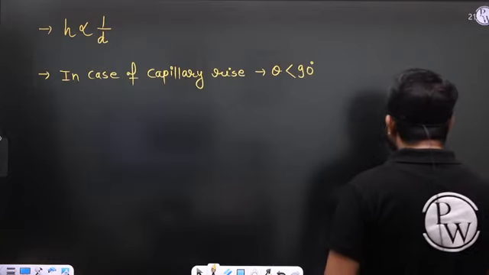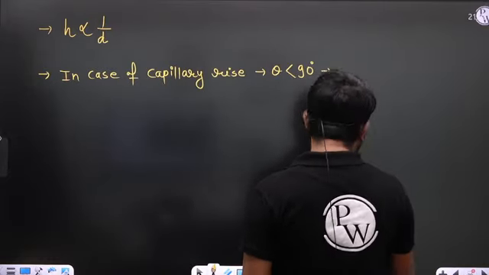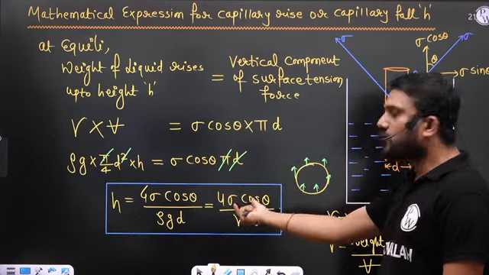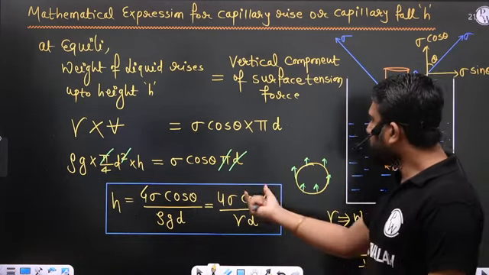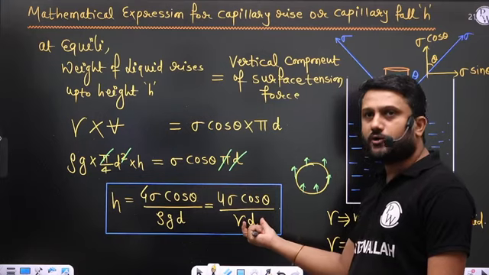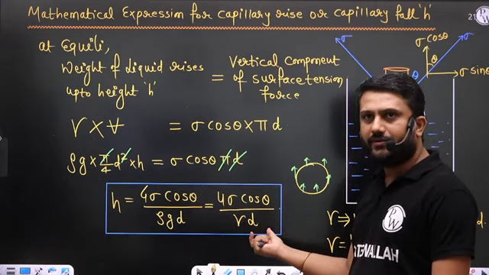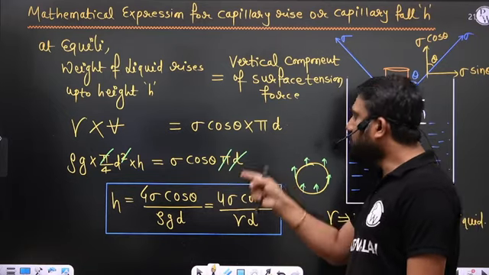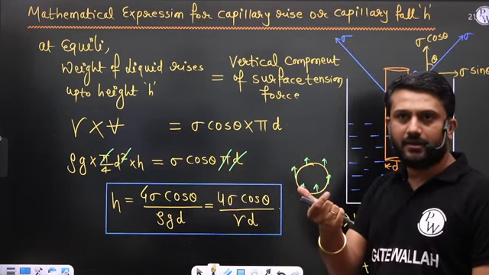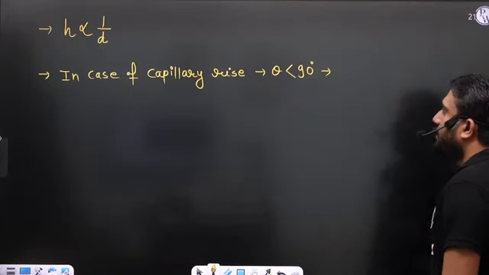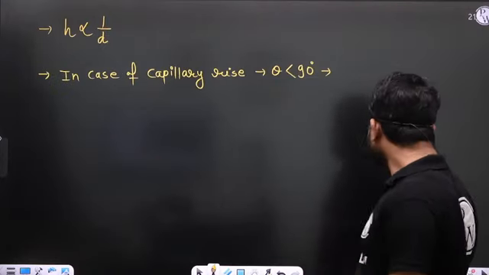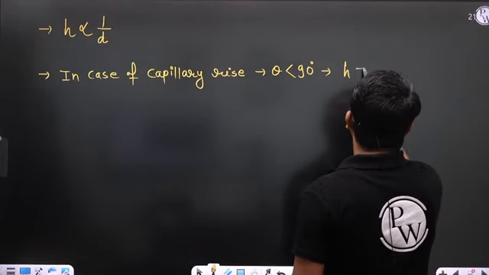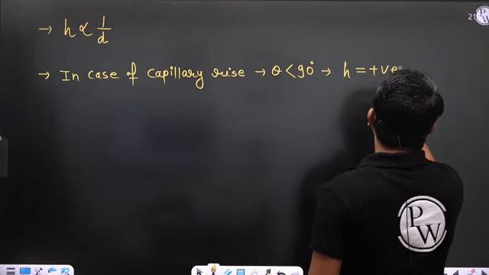So if theta is less than 90 degree, then cos theta is also a positive quantity. So whenever capillary rise occurs and you are using this mathematical expression, h is positive.